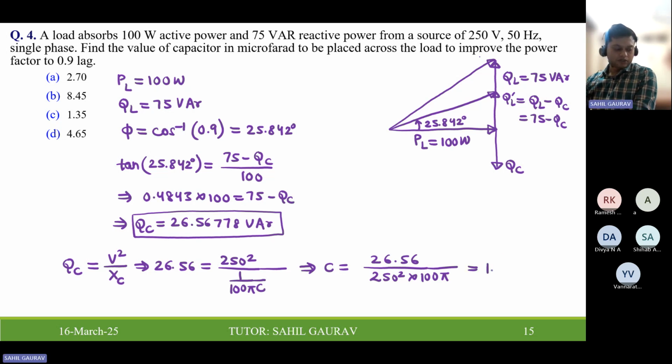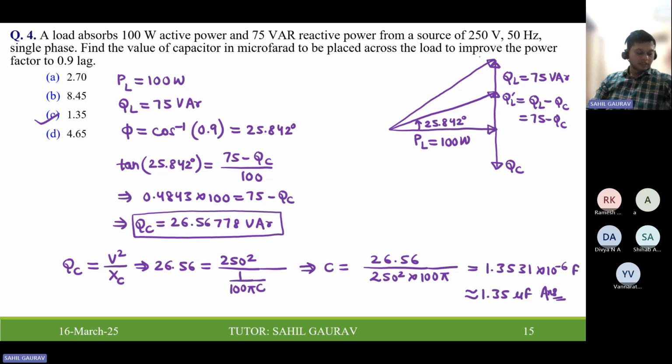So it is 1.3531 into 10 to the power minus 6 farad. So it is approximately 1.35 microfarad. C is the correct answer, 1.35 microfarad.